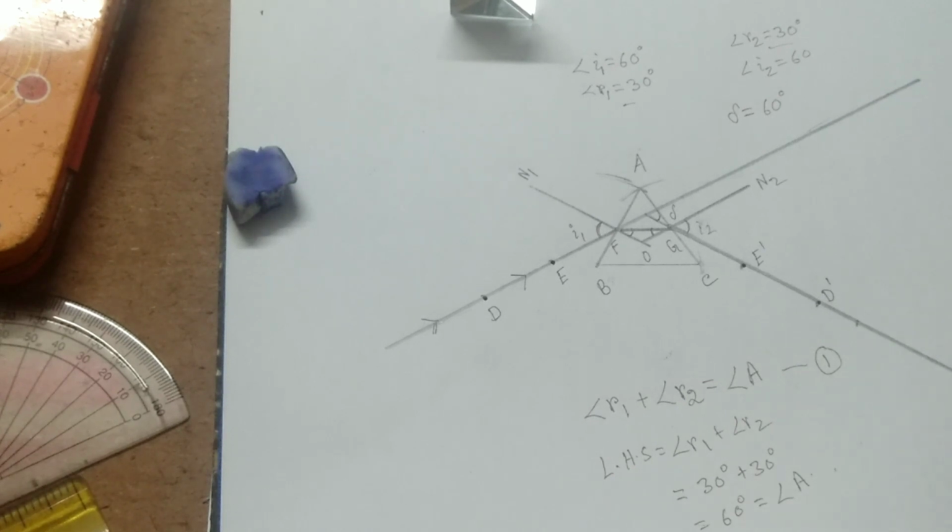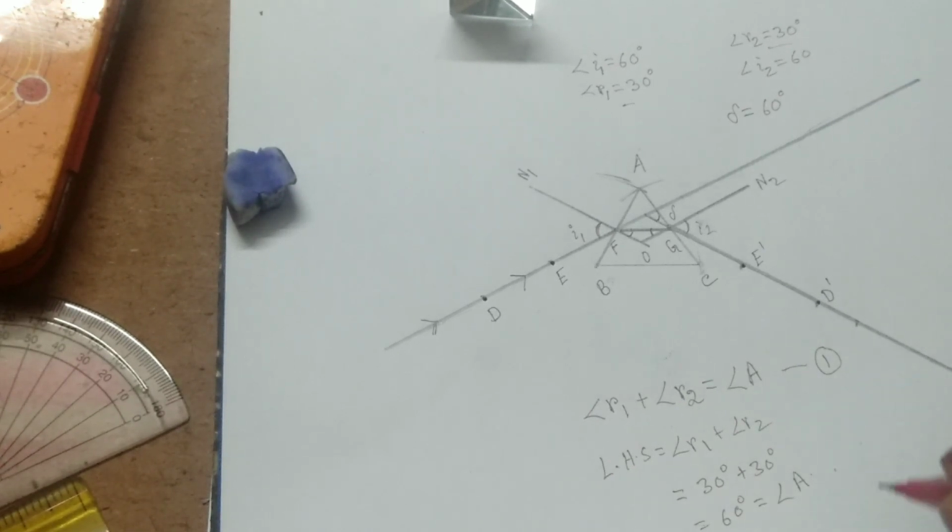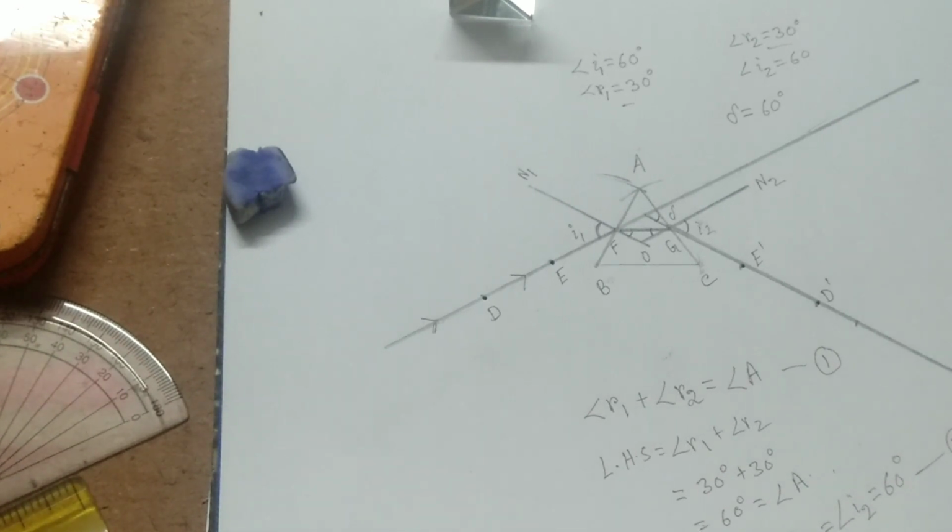That means you can say that angle of incidence is equal to angle of emergence is equal to 60 degree. Here also we are finding that this theory is correct. That means we got the exact result of angle of deviation.